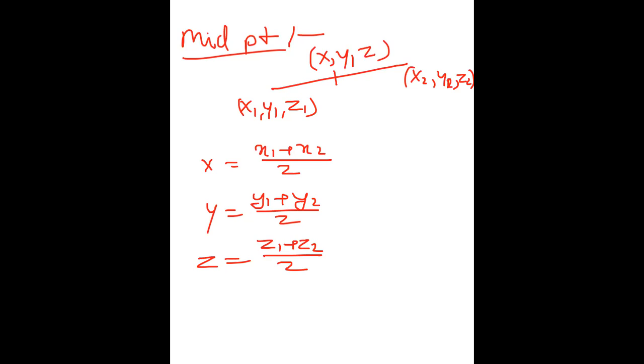One more thing, this is new for us, section formula for external intersection. Yet we were doing intersection internally. Now we need to go for externally. A, B, point P is lying outside the line segment AB.